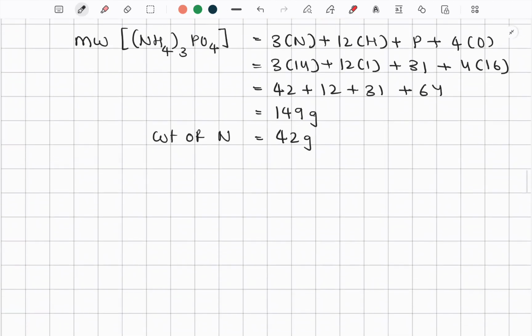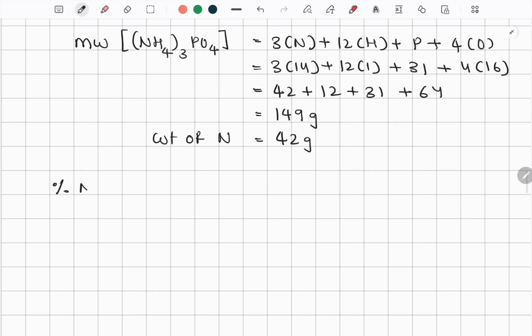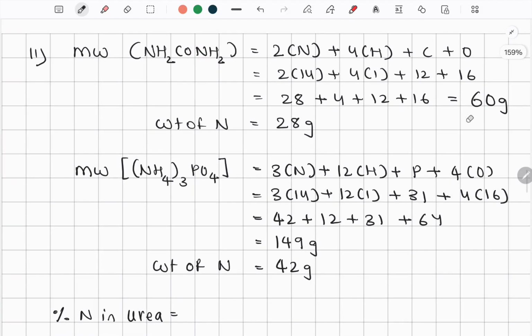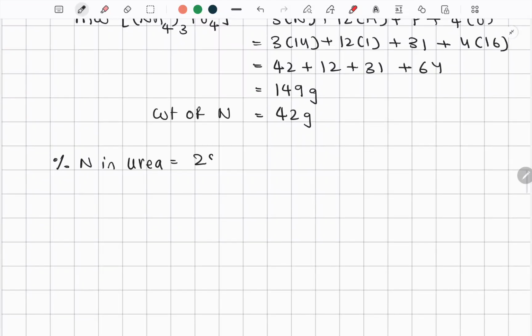Okay, so now let's calculate the percentage of nitrogen in urea. First of all, the total weight of nitrogen divided by the molecular weight of the compound. So it is going to be 28 divided by 60 into 100, which will be equal to 46.67 percent. Okay, now let's calculate the percentage of nitrogen in ammonium phosphate.